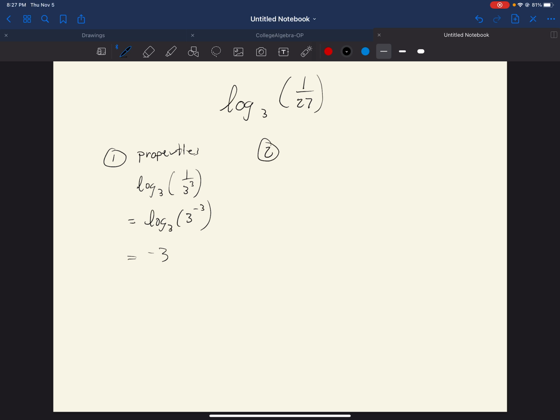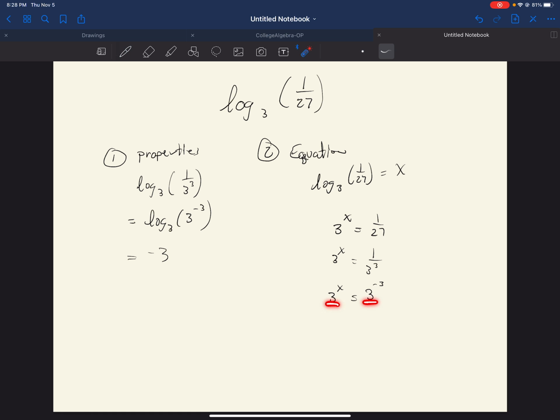The second way of doing it would be to build an equation. I would say, well, log base 3 of 1/27th, I don't know what it is right now, so let's call it x. Then using my property, I can say 3 to the x equals 1/27th. Then 3 to the x is 1 over 3 cubed, or 3 to the x equals 3 to the negative 3.